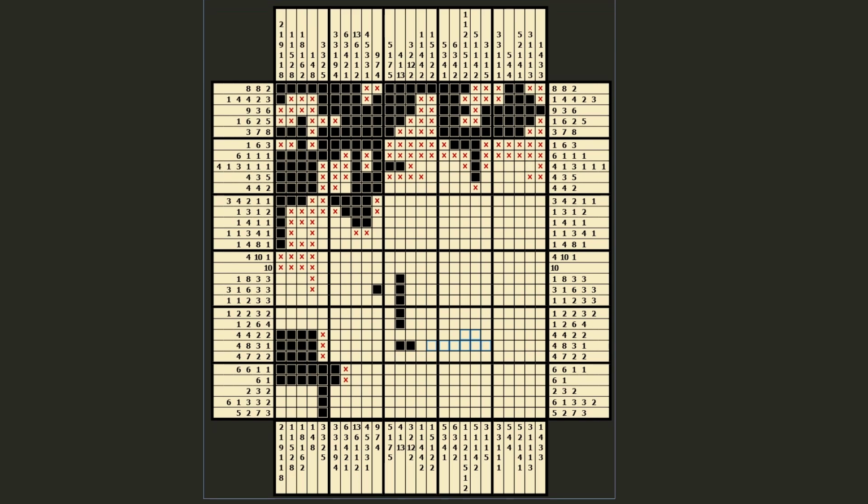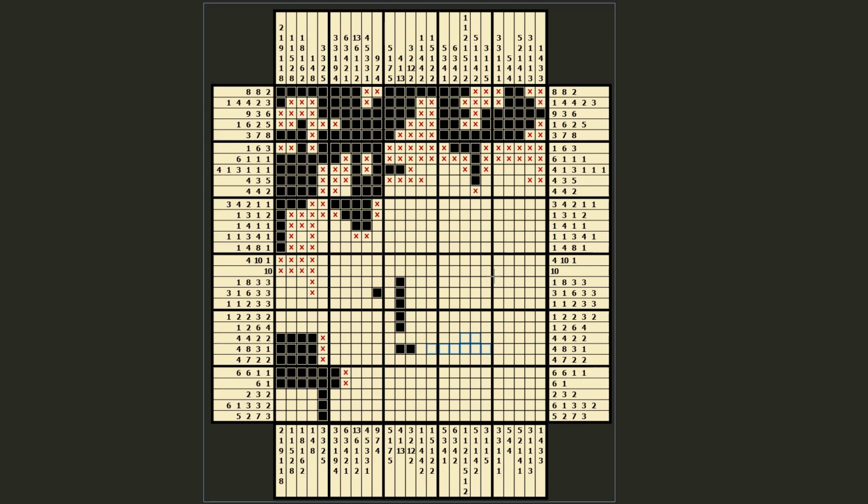Okay. Alright, so this 13 extends up to there. And then just block off stuff. So 13, block that off. There we go. No space for the 2, no space for the 7.